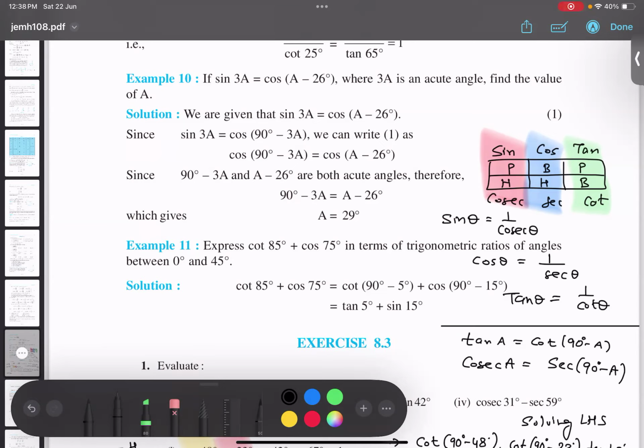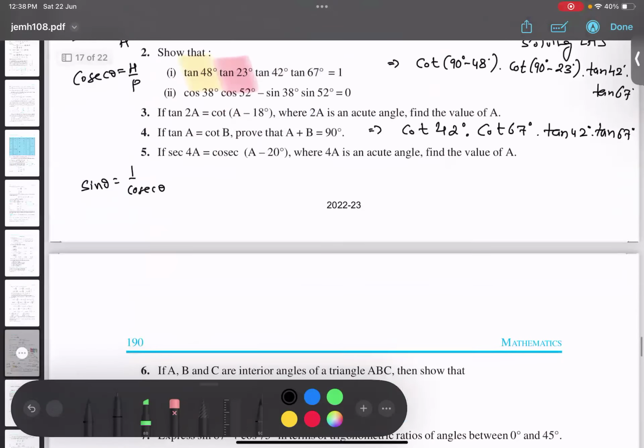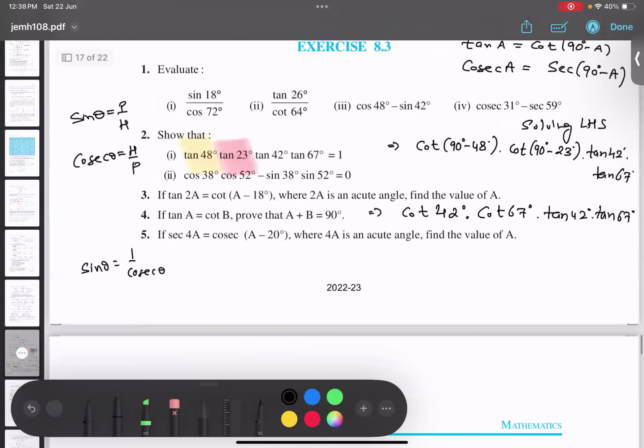So this is from the first exercise. Now, coming back to this, can you see cot 10, 10? I will just use the inverse rule in cot.